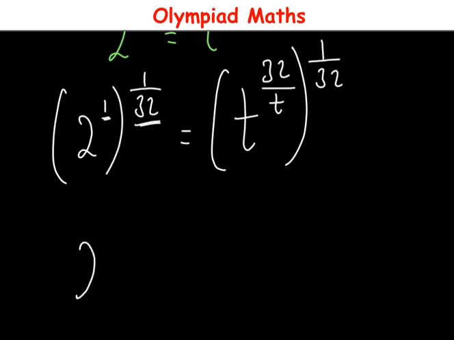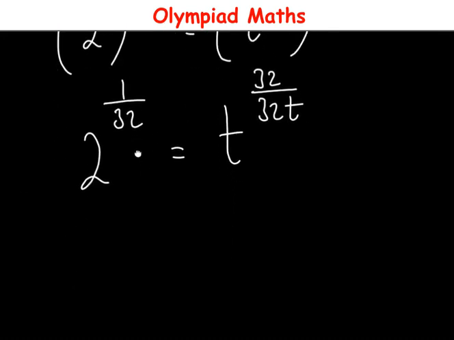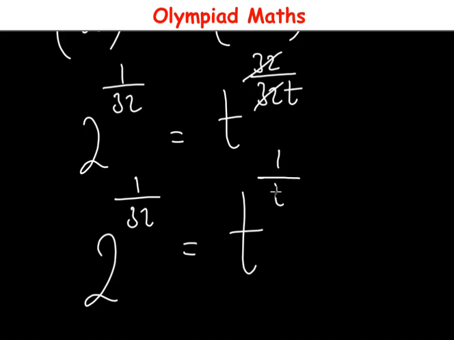This becomes 2 raised to power 1 over 32 is equal to t. Then power 32 multiplies 1, we have 32 all over t multiplies 32, we have 32t. Okay, so what we then have is this, that 2 raised to power 1 over 32 is equal to t. Now 32 will come to 32, we have 1 over t.